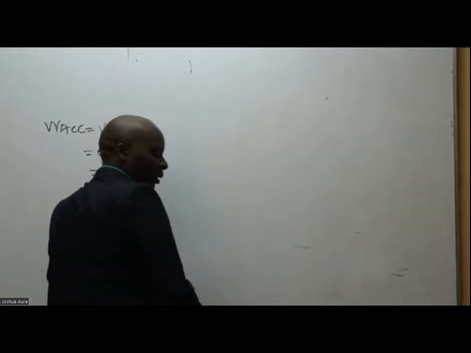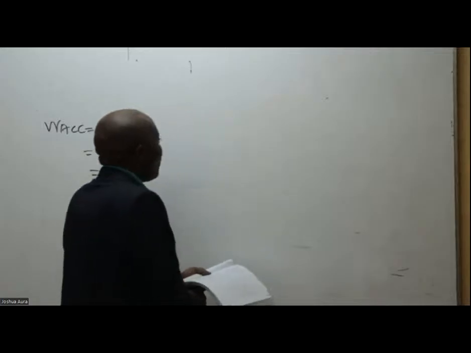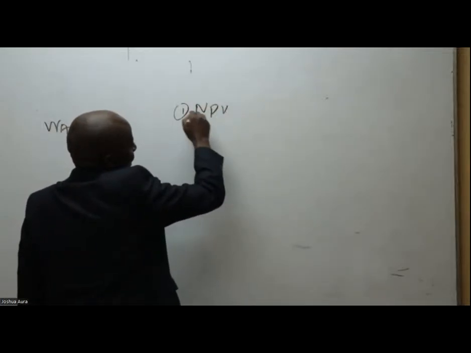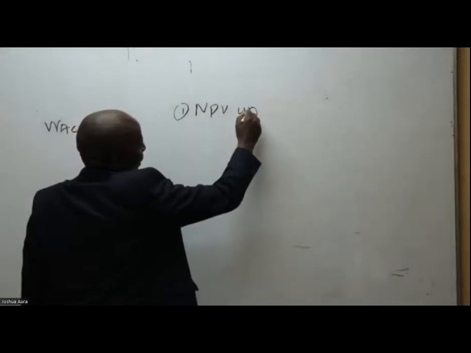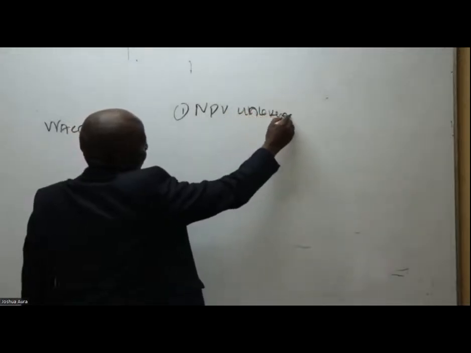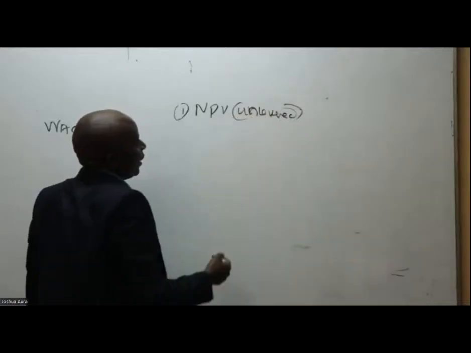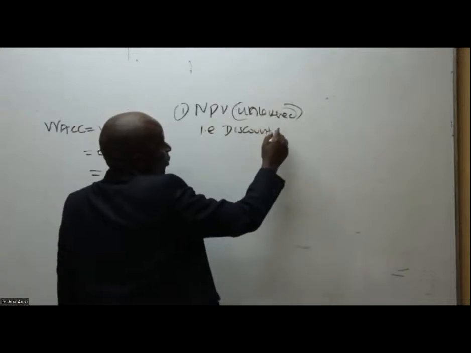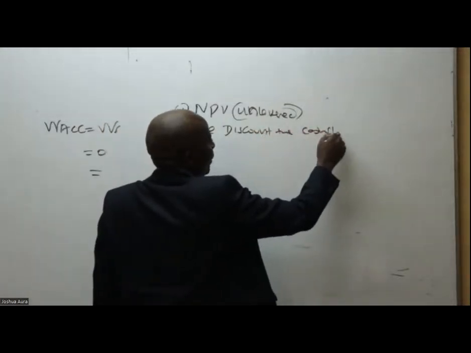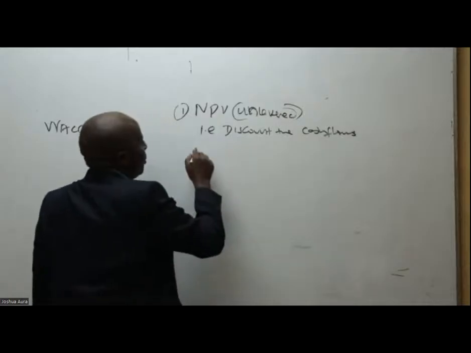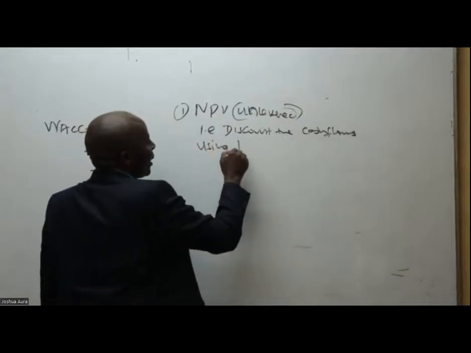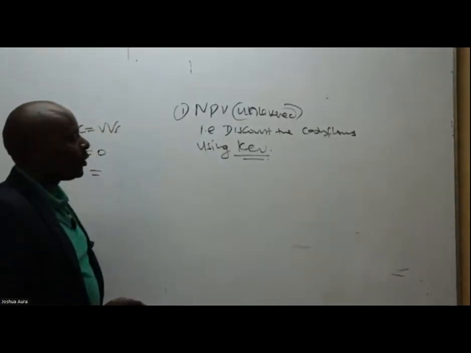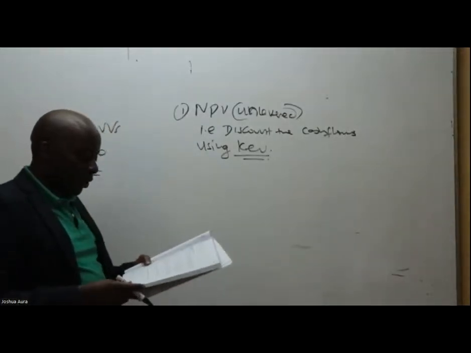The first step, number one, is to give us NPV unlevered, i.e. discount the cash flows given using the cost of equity of an unlevered firm.